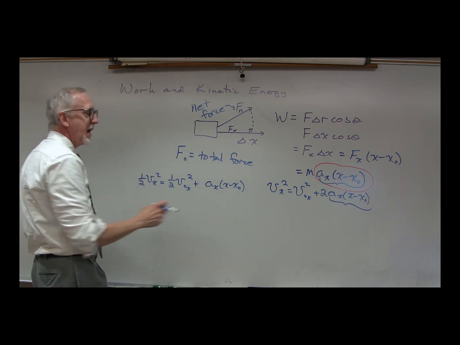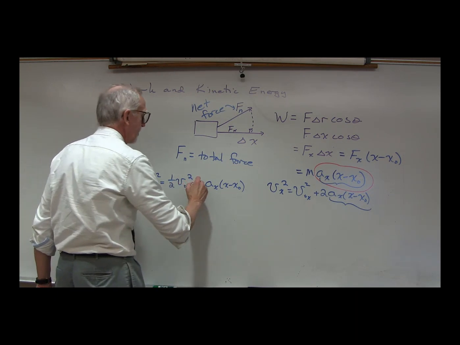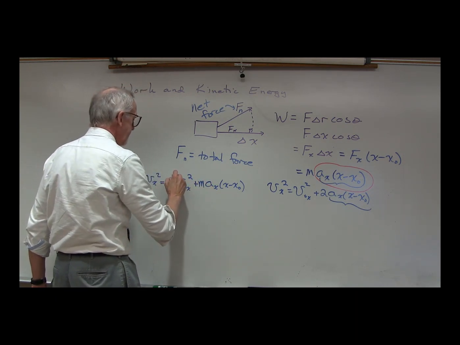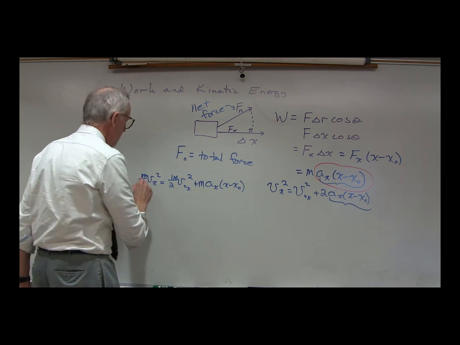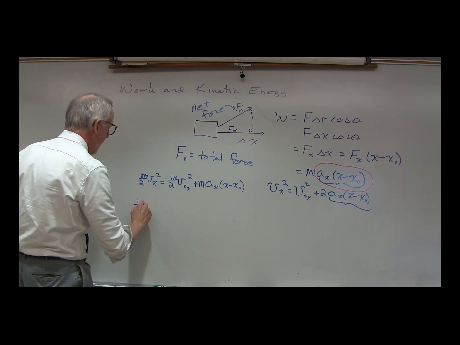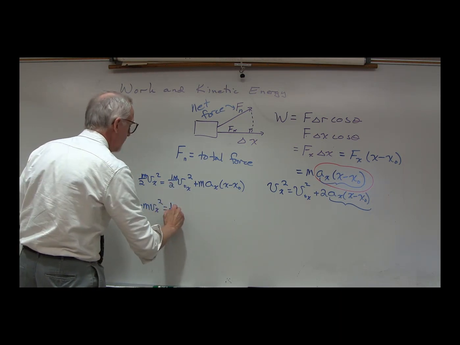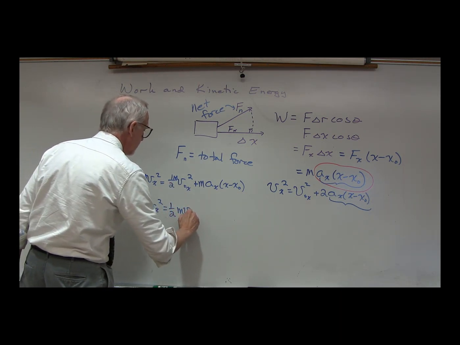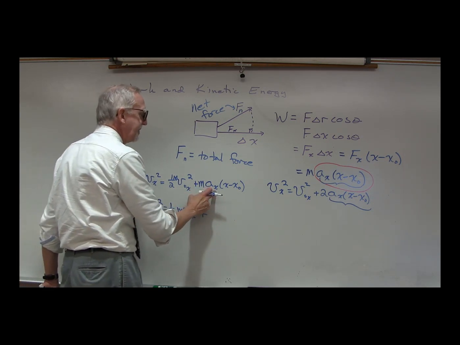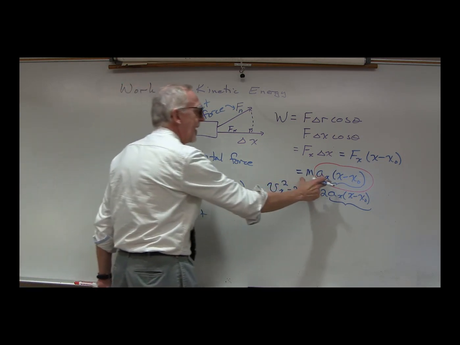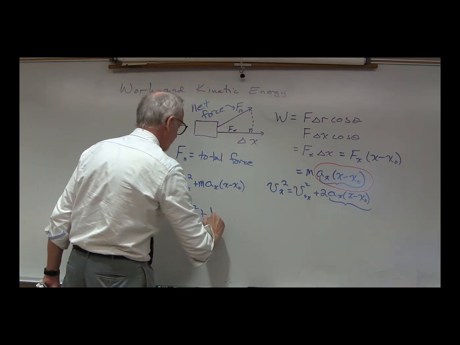Okay? Now, to make it look like this, we're going to multiply everything by an m. So I'm going to put an m here, I'm going to put an m here, and what do we have? We have 1/2 m v x squared equals 1/2 m v naught x squared plus m a sub x times x minus x naught. But that is exactly what we have here, which is the work done.